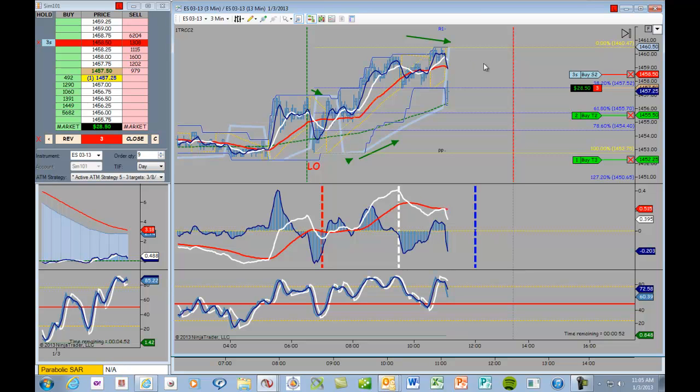So it wasn't as crazy as it looks to wait this one out. And instead of taking a nice hit, we actually have a little bit of a profit here. So there's method to the madness, folks. Sometimes you just got to know when to hold them and know when to fold them. And this looked like one of those times when we ought to hold them, and it worked out. So there you have it. Be back at you when we have something else to talk about.